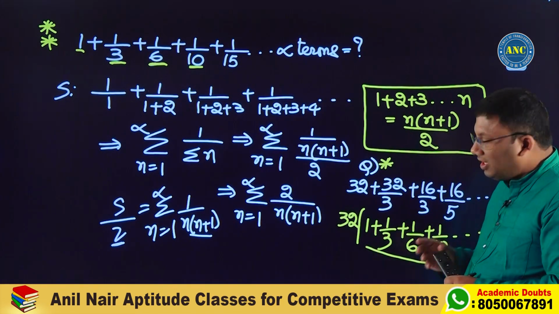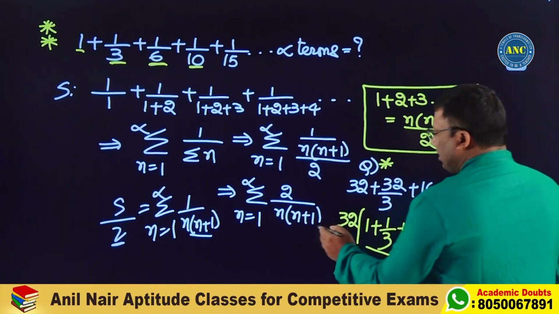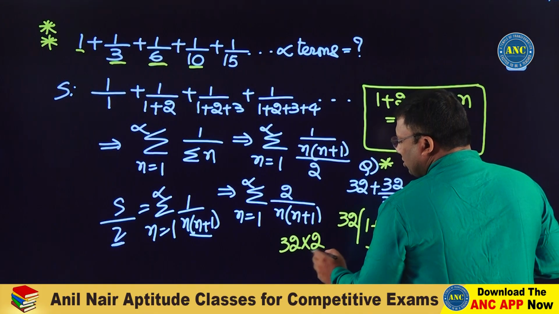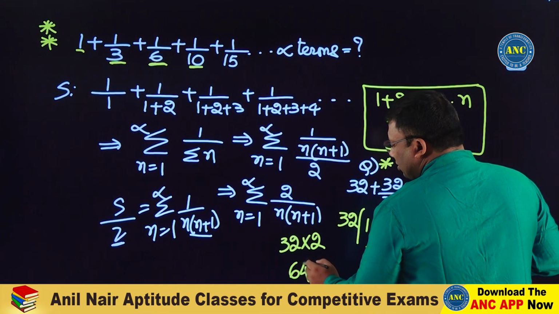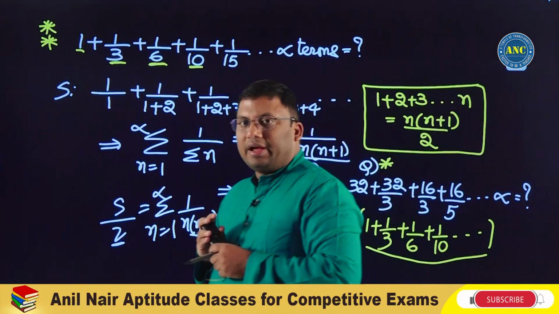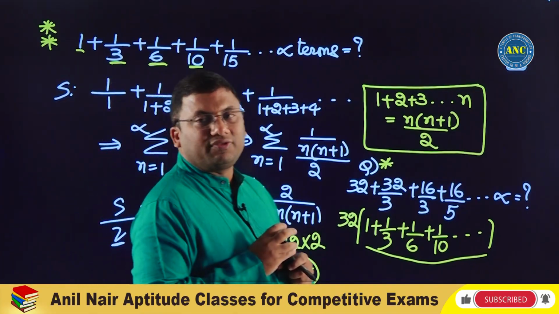What is this series? 1 plus 1 by 3 plus 1 by 6 plus 1 by 10. That series is 2. So the answer for this question is 32 2s are 64.